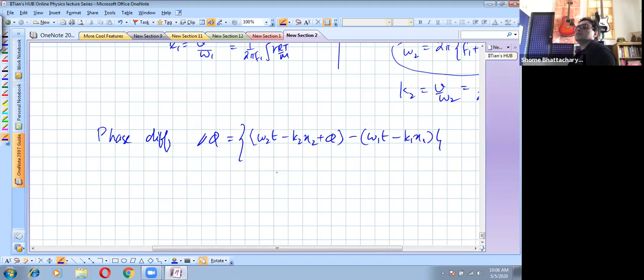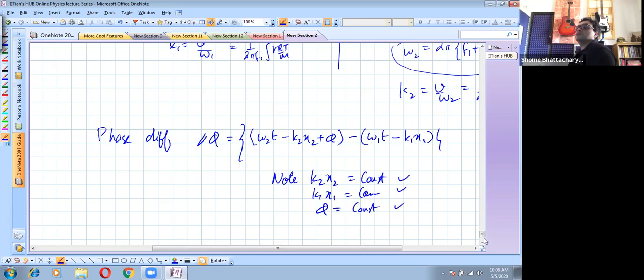Now remember here that k2x2 is a constant. It's not changing with time. k1x1 is a constant, and phi is some kind of phase relation between the two sources. So these three are constants.